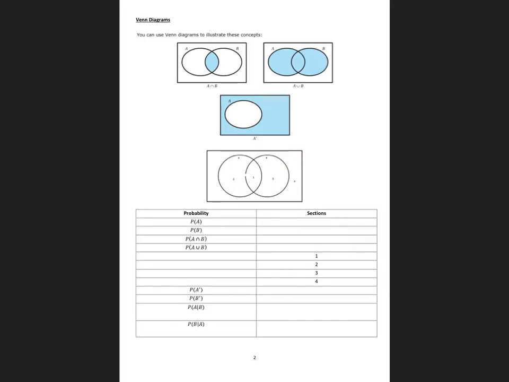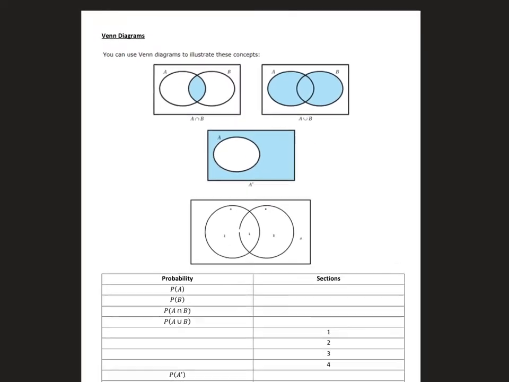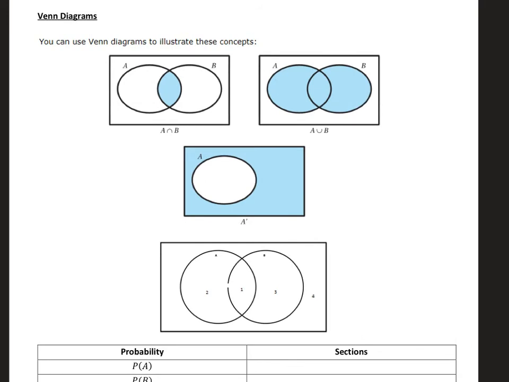Okay, so the big section of probability, Venn diagrams, so we'll spend a lot of time looking at that. So here's some examples of Venn diagrams where there's two events. So A and B are going to be the two events.